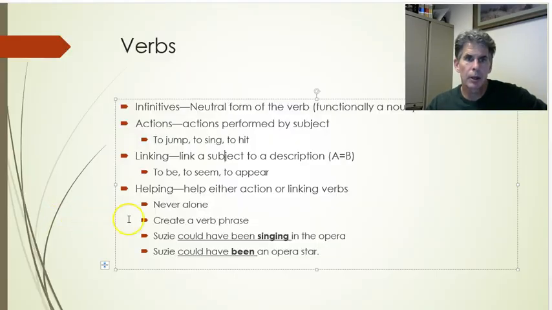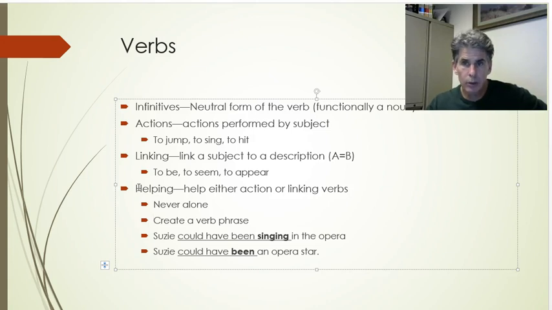Now the last thing I want to cover is, so that's the action verbs and the linking verbs. So always think of verbs as either action or linking. The last one I want to cover in the whole verb situation is the helping verb. Helping verbs either help out action or linking verbs. They never, ever operate alone. And they are always, always, always stacked in front of either an action verb or a linking verb.